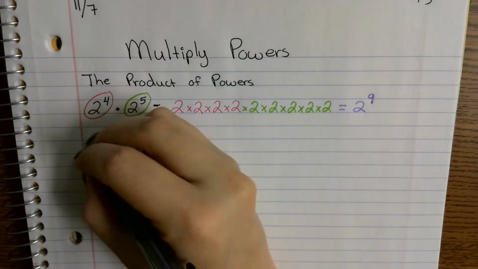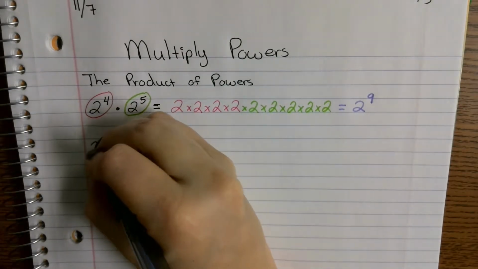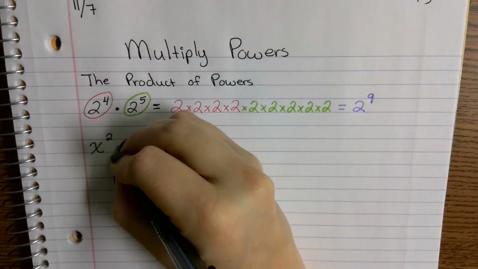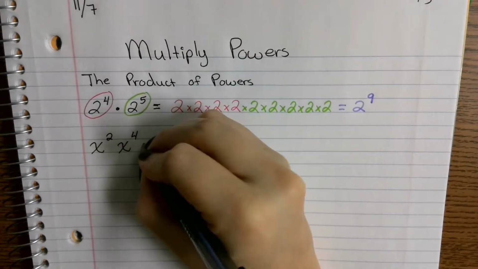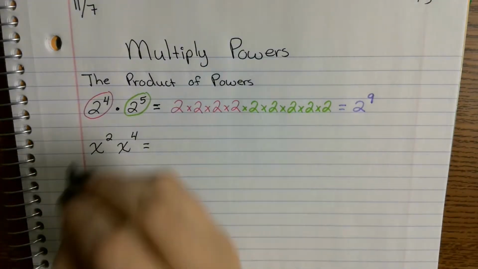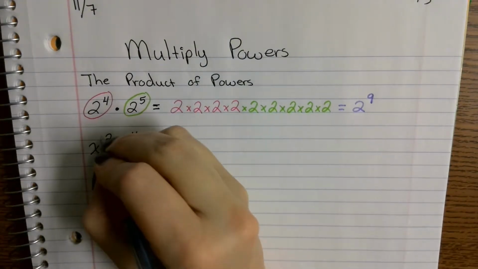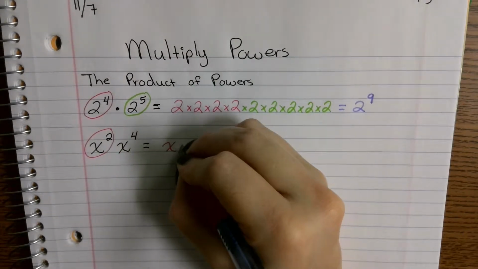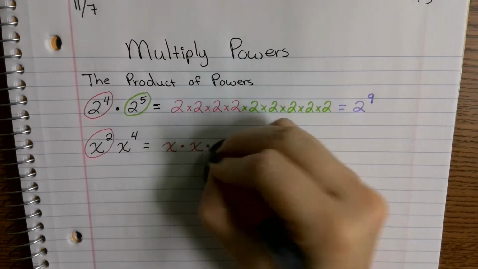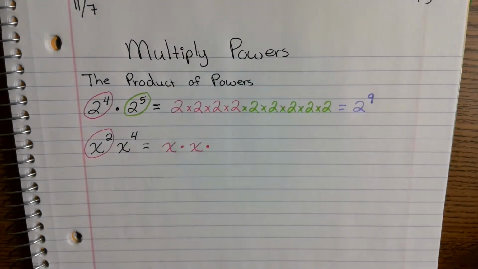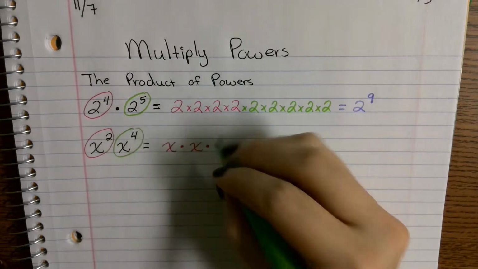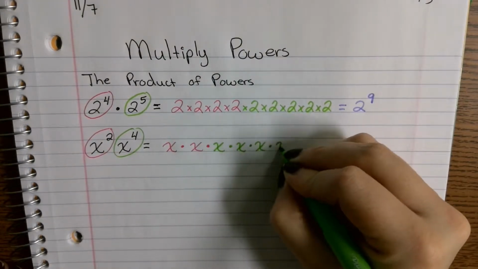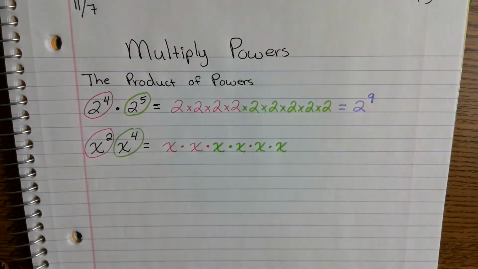If I did the same thing with a variable, if I said x to the 2nd power, or x squared, and I wanted to multiply it by x to the 4th power, again, if I were to write this out longhand, I'd have x times x to represent x squared, and then I would have x times x times x times x to represent x to the 4th power.